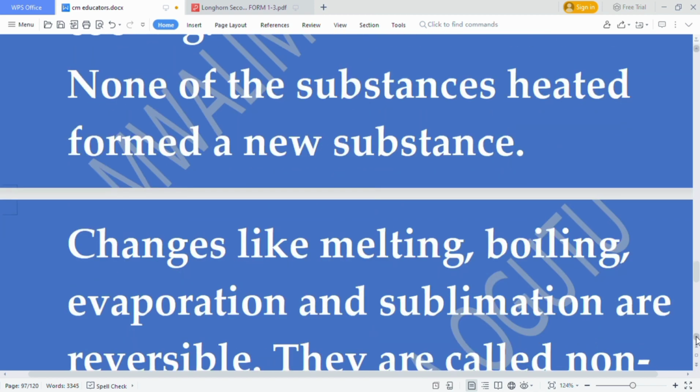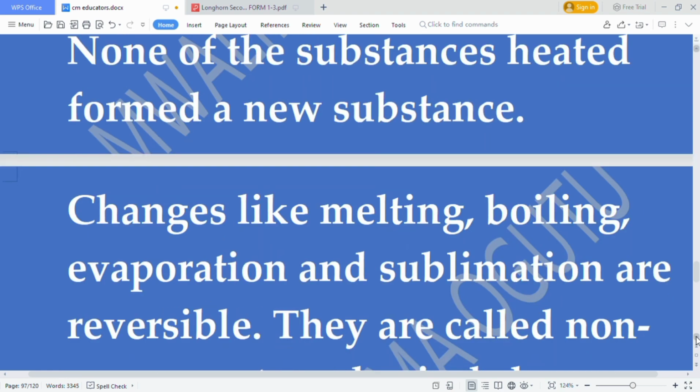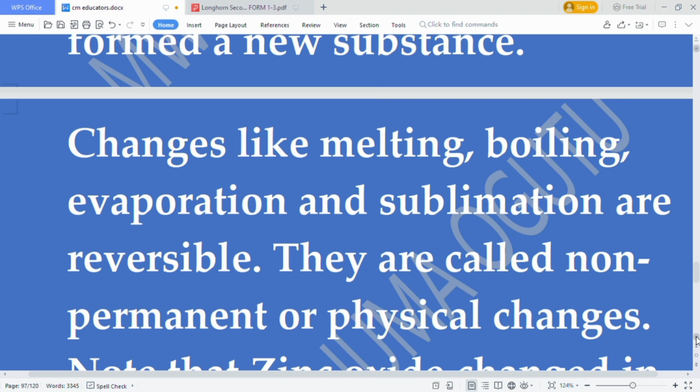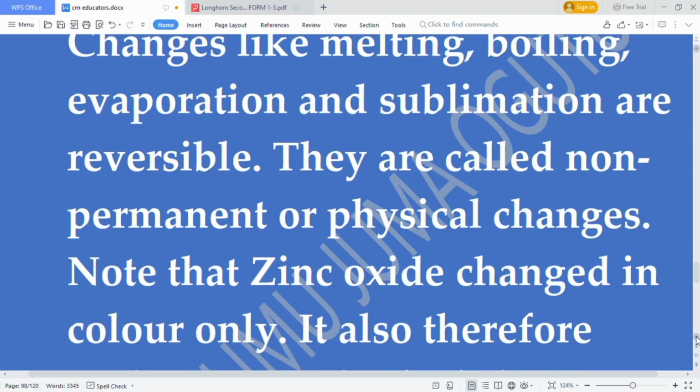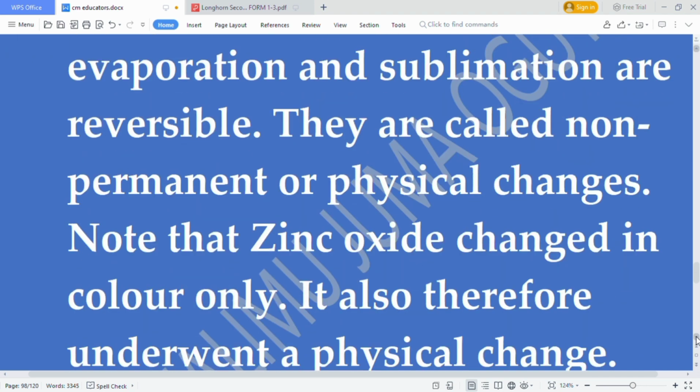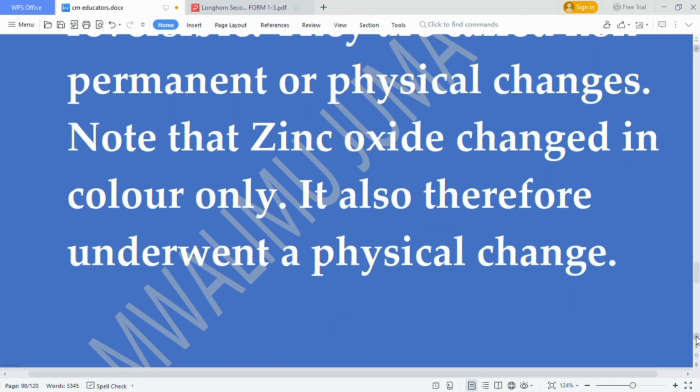They are called non-permanent changes or physical changes, because we only experience physical changes. We know that zinc oxide changed only in color. It therefore underwent a physical change, because zinc oxide is white when cold and yellow when hot.